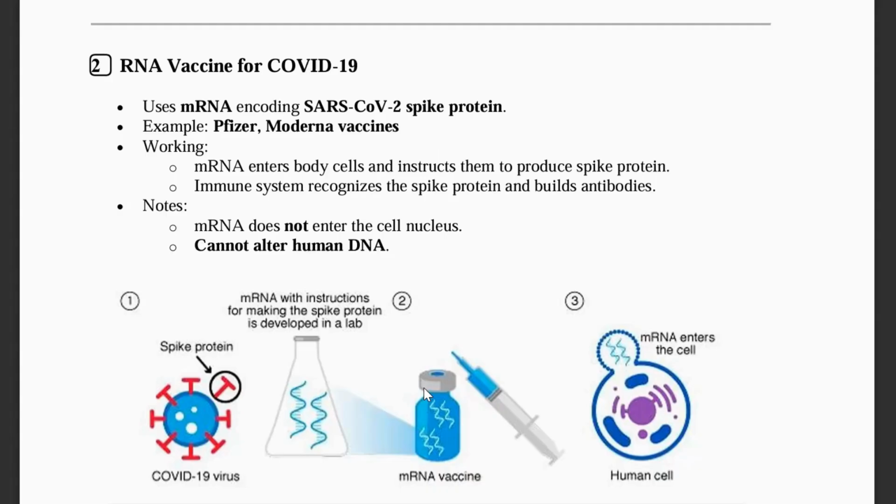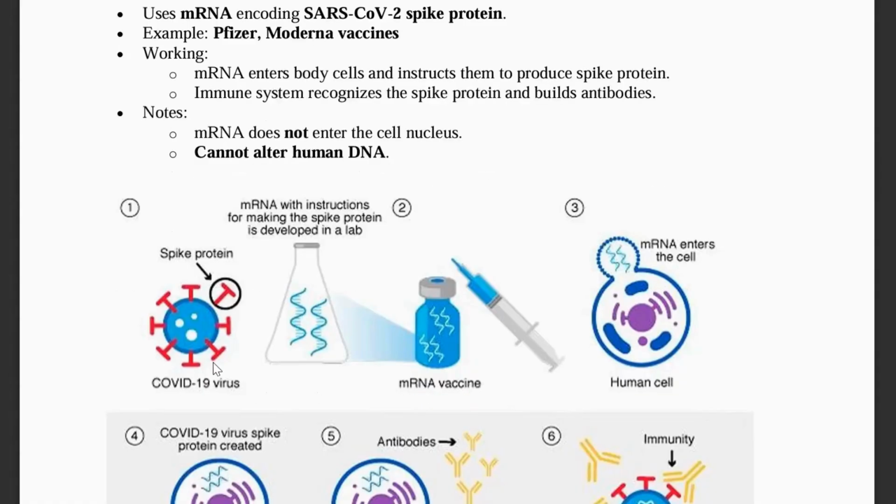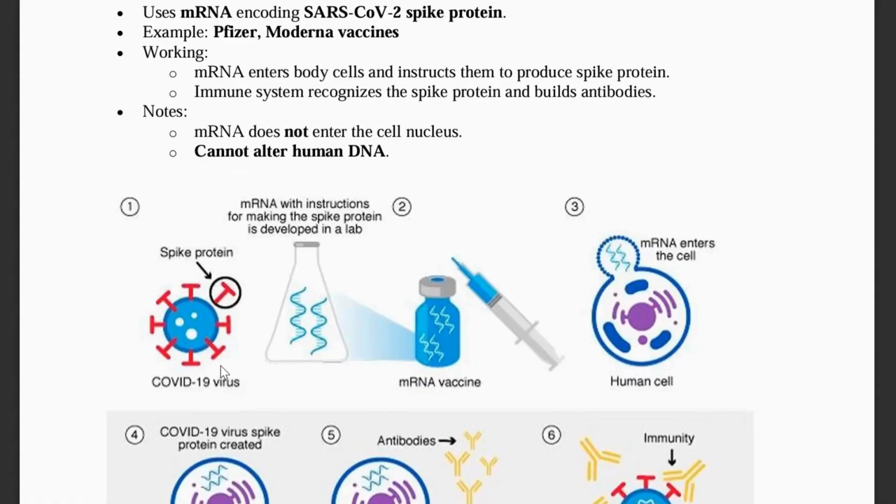Okay, main point. Another thing is it cannot alter the human DNA. I'll explain you. So this is a COVID-19 virus. It has a spike protein. mRNA with instruction for making the spike protein is developed in the lab. Now, that is the mRNA vaccine. When this is injected to a human body, that mRNA enters the cell, in the human cell.